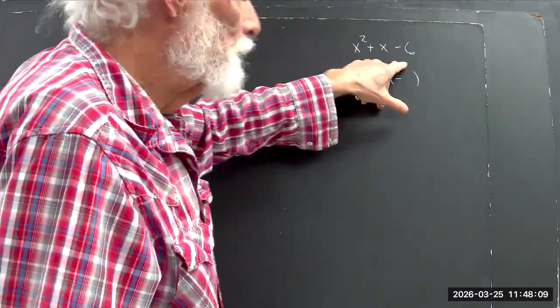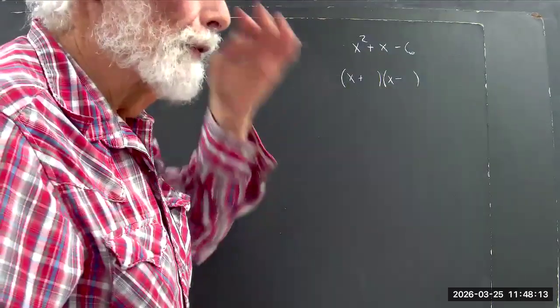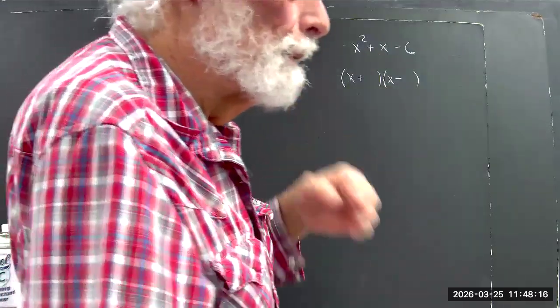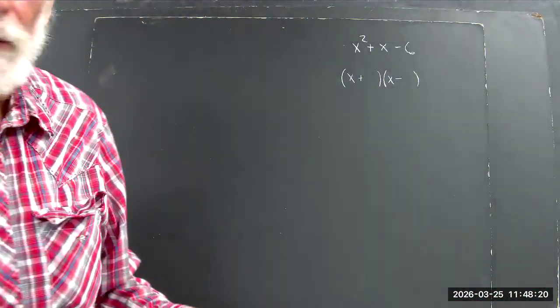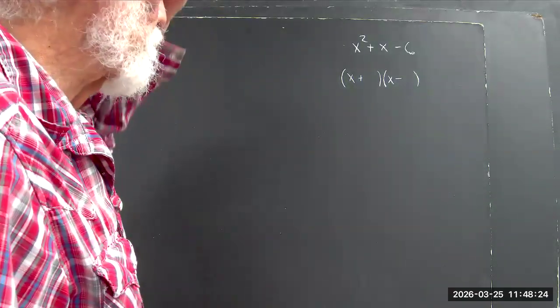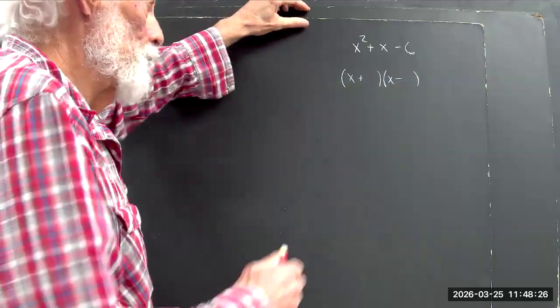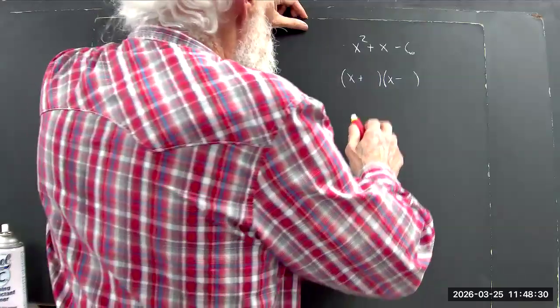Now the two numbers have to multiply out to give us 6. So I'm just going to list, there are 4 possibilities. I'm going to list them all, and then we're going to talk about how you can avoid having to list them and reason it out, which pretty much everybody here today in class is doing. Good job of reasoning, but we want to build that for a bigger context.